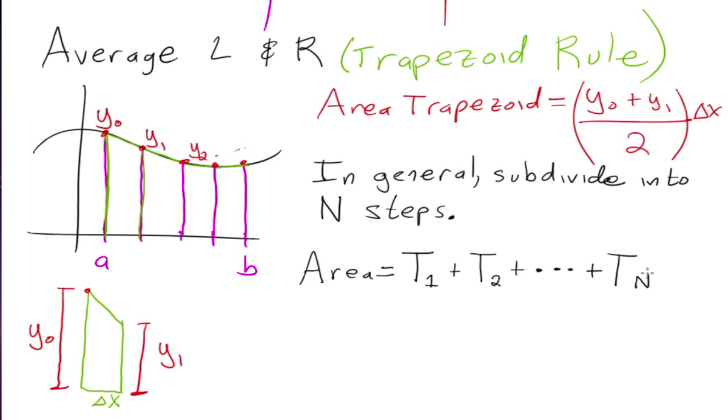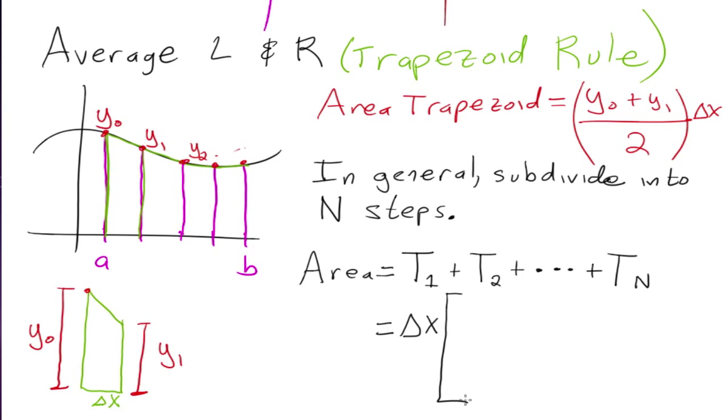N trapezoids. In this case, we have 4. Okay, so let's write down the formula for each one of these. Do you agree that every one of these is going to be multiplied by delta x? So are you guys okay if we factor that delta x out of the entire thing and just focus on the heights? Okay, so let's do that. So the area is going to be delta x times, okay, what would be the area of the first trapezoid?